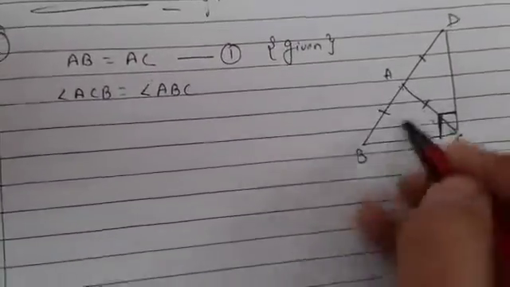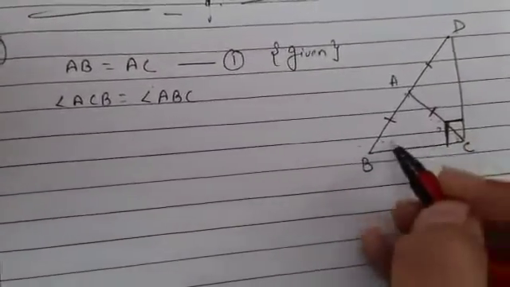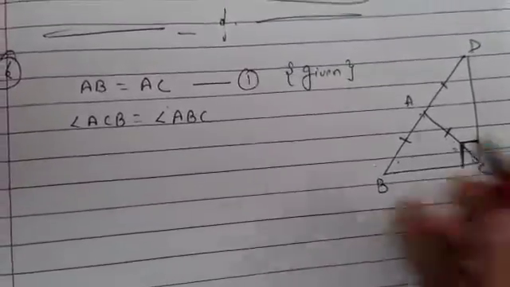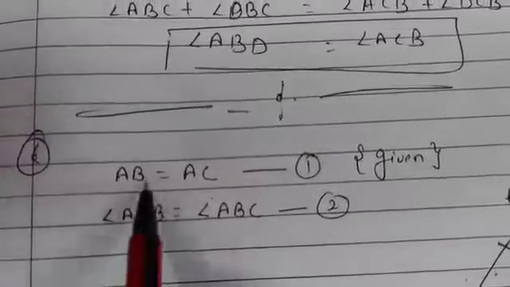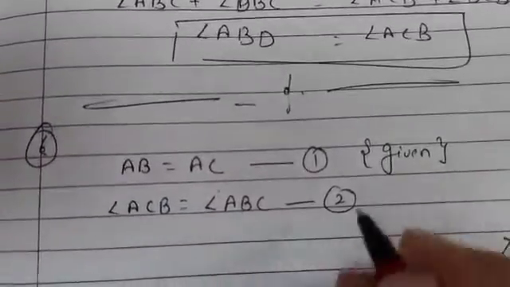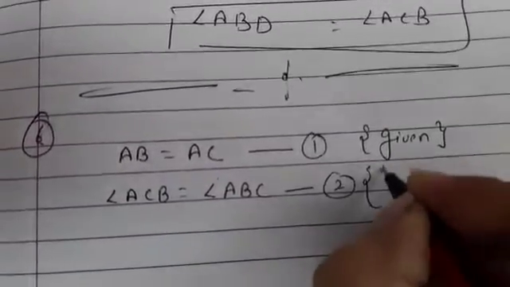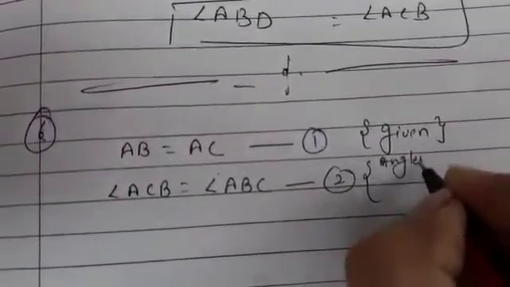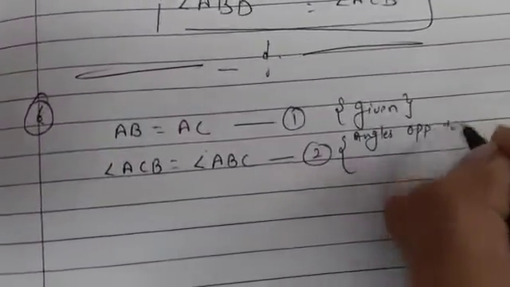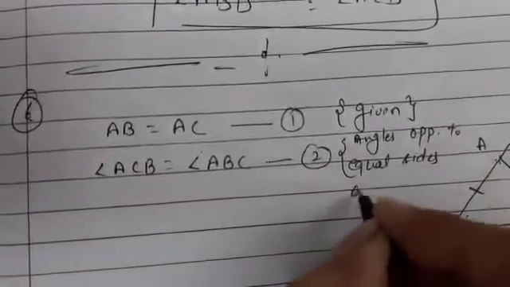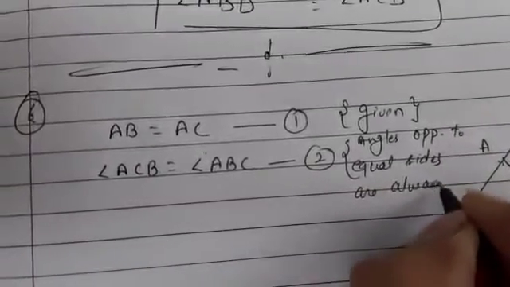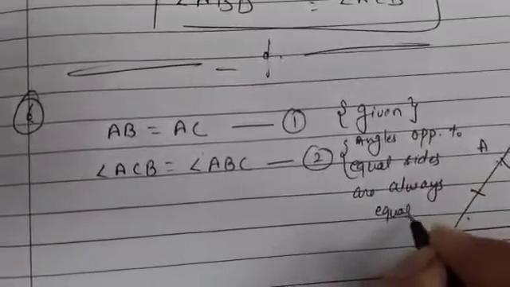Then this angle ACB and this angle ABC will also be equal. Name it 2. If sides are equal, then angles will also be equal. Same reason: angles opposite to equal sides are always equal. Clear?